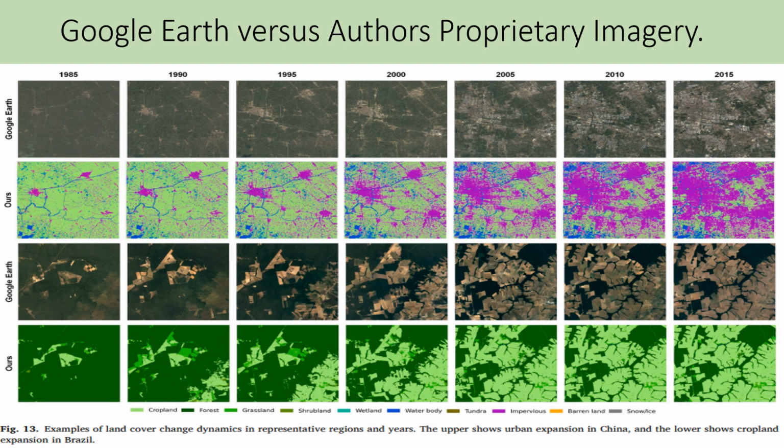And it really matches up, if you can see that on the PowerPoint, or you can look at it in the paper when you open it, but it definitely matches up really close. And then at the lower, we have croplands that are expanding in Brazil. So again, Google Earth is right above it, and the lower image is the author's image. I thought it was a worthy slide.